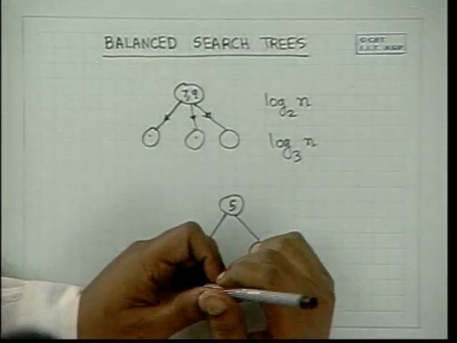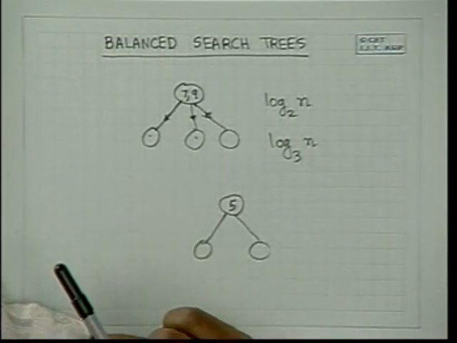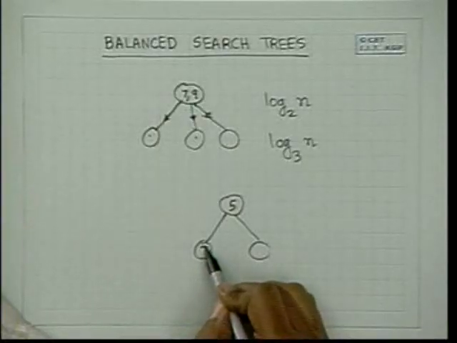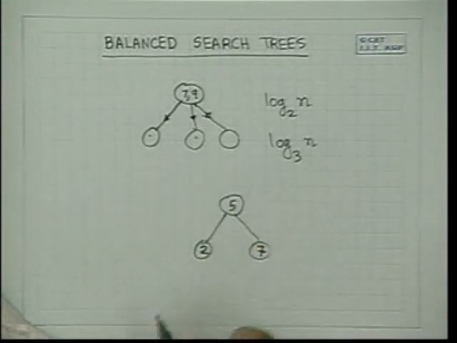Now 2-3 trees are similar to the tournament style data structures which we did. In a binary search tree, say with 2 and 7, the keys are stored at the nodes.